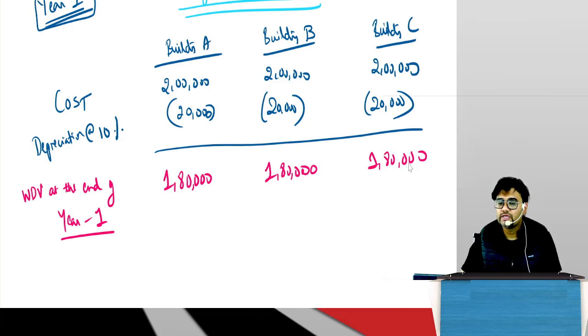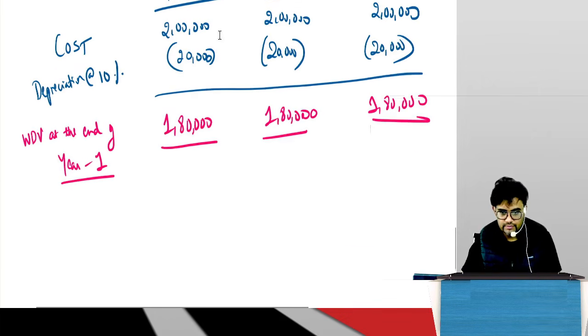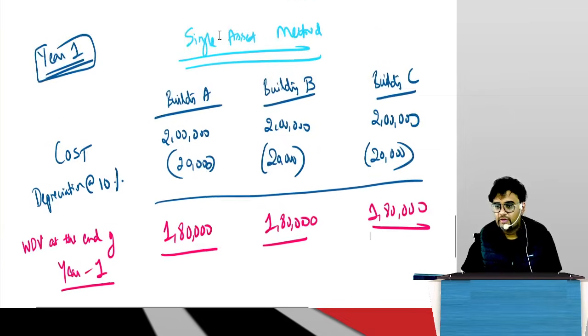At the end of the year, I have 3 assets with me, with the WDV being 1 lakh 80, 1 lakh 80, 1 lakh 80. So in year number 1, we had 3 buildings, 2 lakh each, depreciation 20,000. WDV at the end of the year, 1 lakh 80 each. Everybody wrote this, all done?